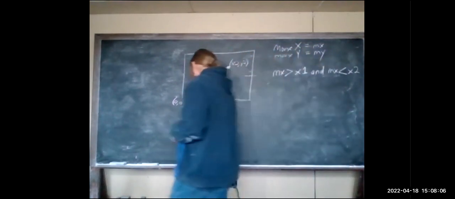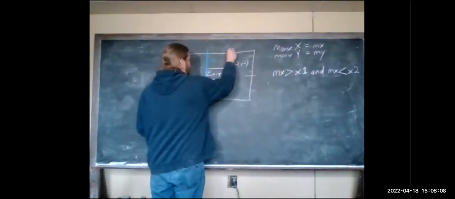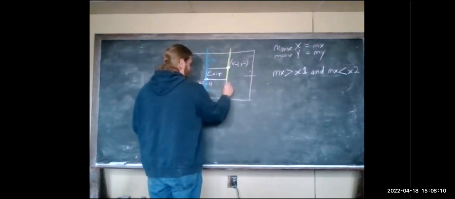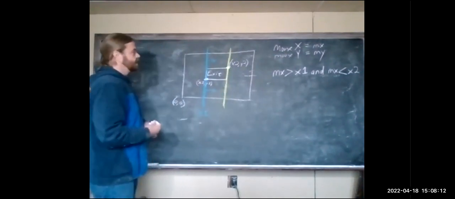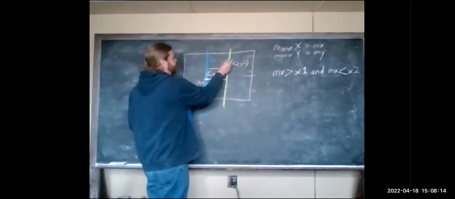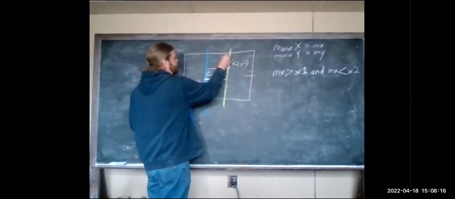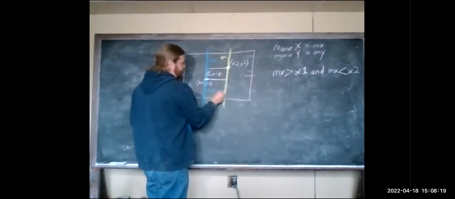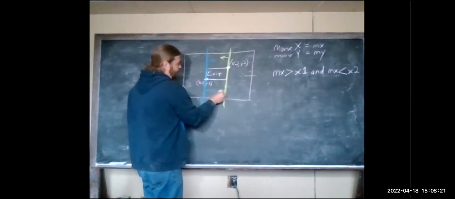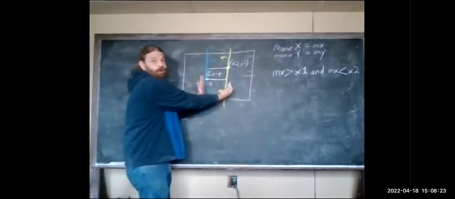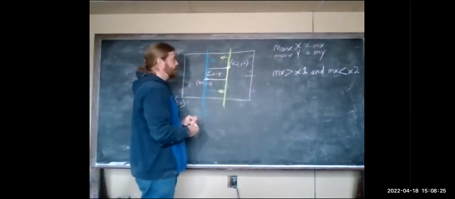The X2 would be this line over here. So when we put those conditions together, it narrows it down to just that narrow width.